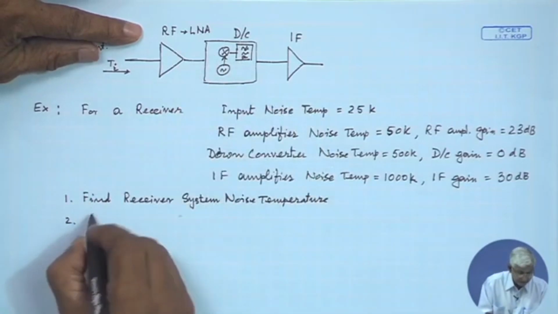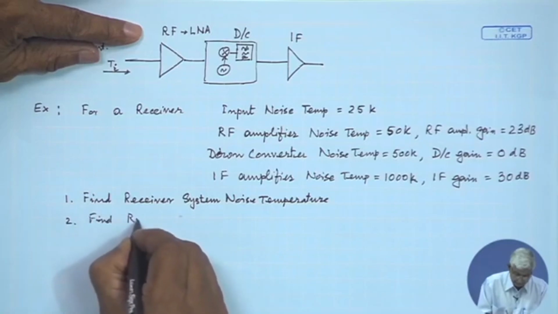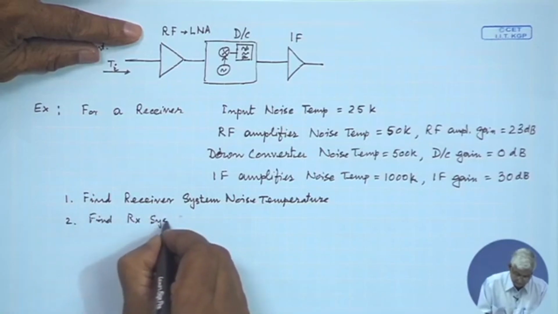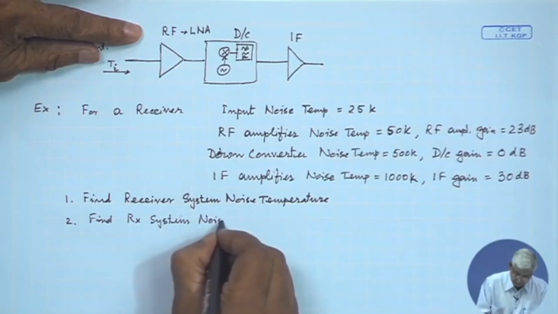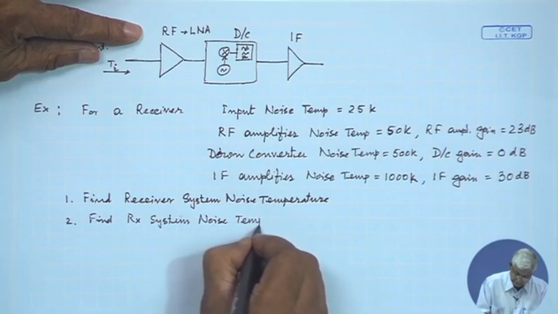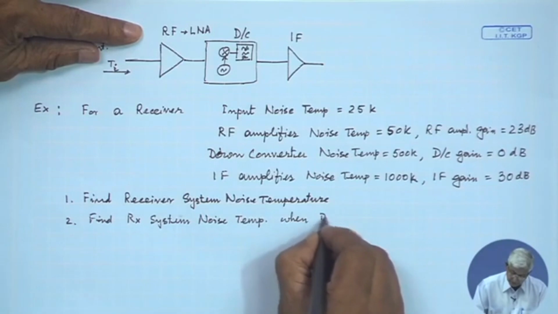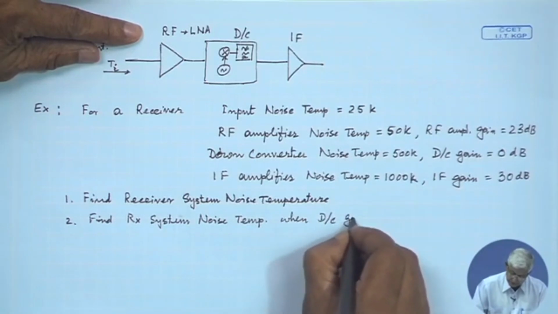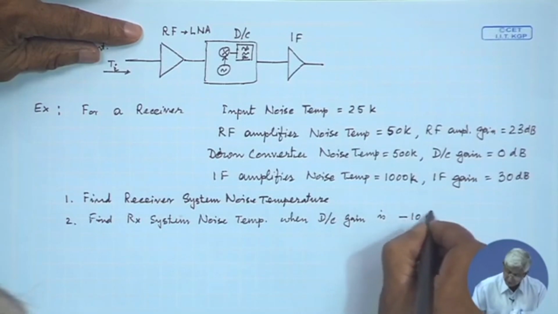So, for the second stage, find the receiver system noise temperature when the down converter gain is minus 10 dB.